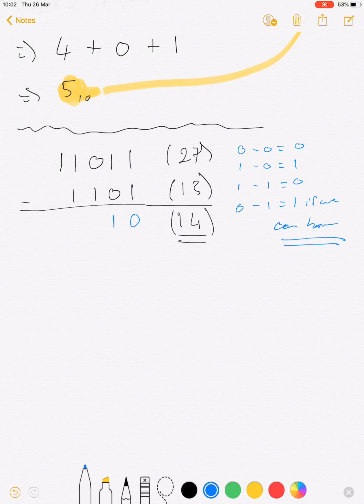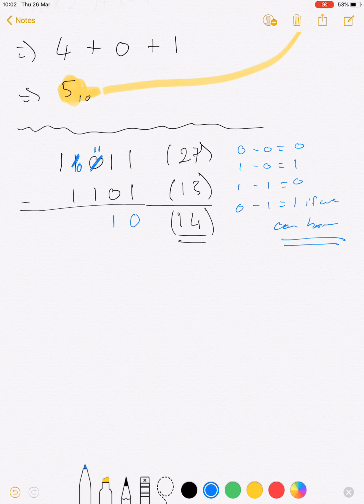Now 0 minus 1, well, we need to borrow. What we do with borrowing is we take a 1 from the column to the left if we can. If we can, then this becomes a 0, and we scratch that out. As we're taking 1 from the column to the left, it's obviously of much greater value, so we have 1, 1.